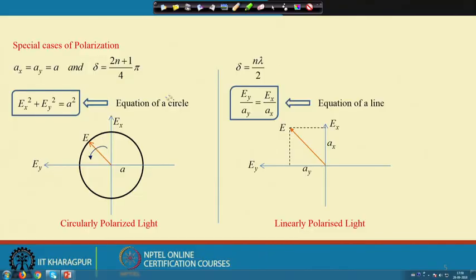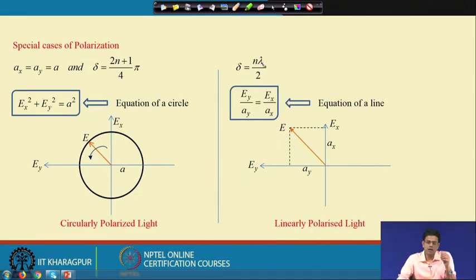Now, if delta equals n pi, that is n lambda by 2, then it will represent an equation of a line. So, this is called linearly polarized light. If I substitute n equals 0, 1, 2 and so on, then this will represent an equation of a straight line, and this we call linearly polarized light.